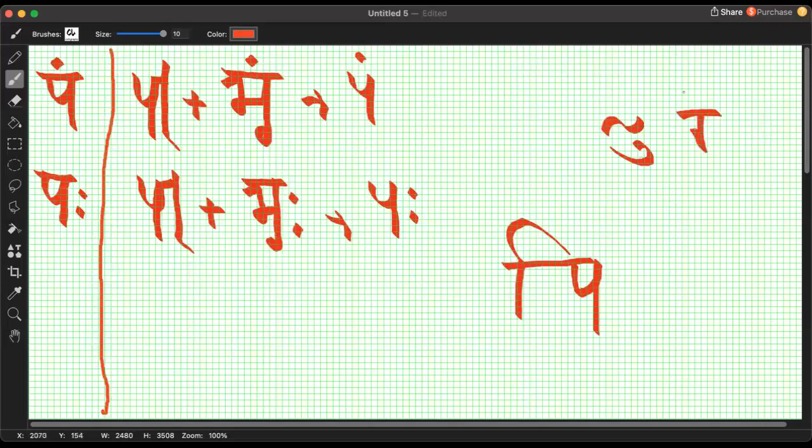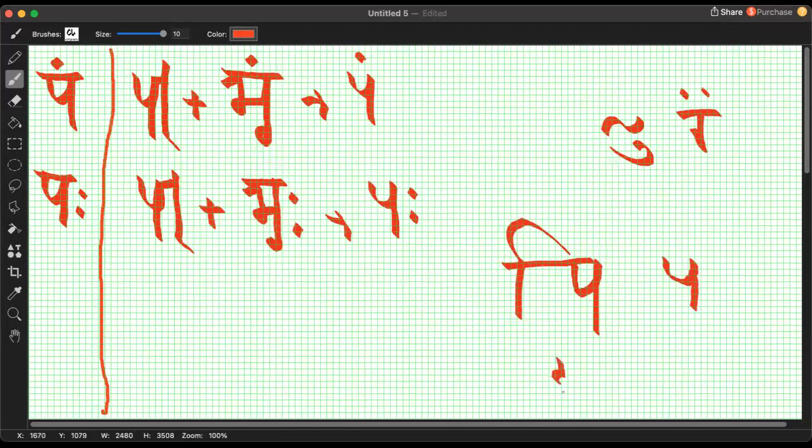When you're connecting this with the root, the base of the alphabet E and E is this, but if you're writing this with the P alphabet, it will follow the Devanagari E. Devanagari E and E is different.